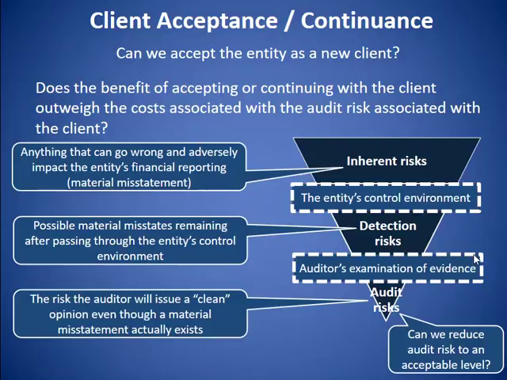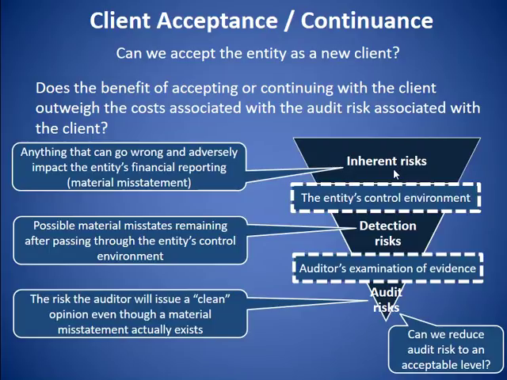Now, when we talk about anything that can go wrong, the company normally looks at their own environment and builds up certain controls within their management structure, their financial control structure, and so forth. Their controls and their management help filter out these inherent risks.